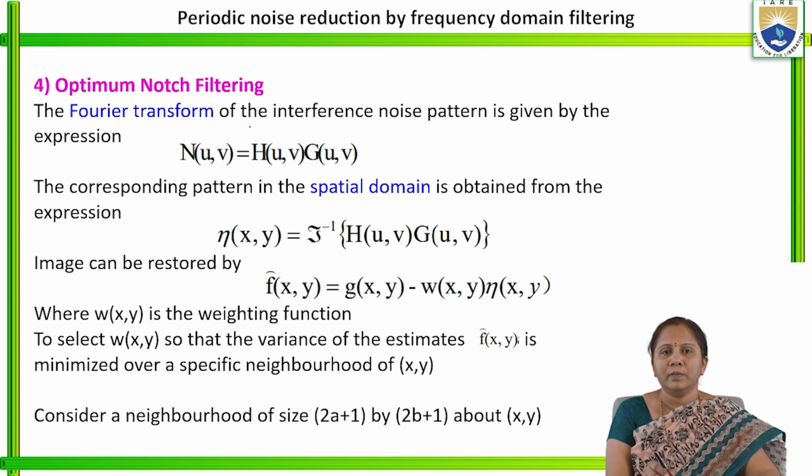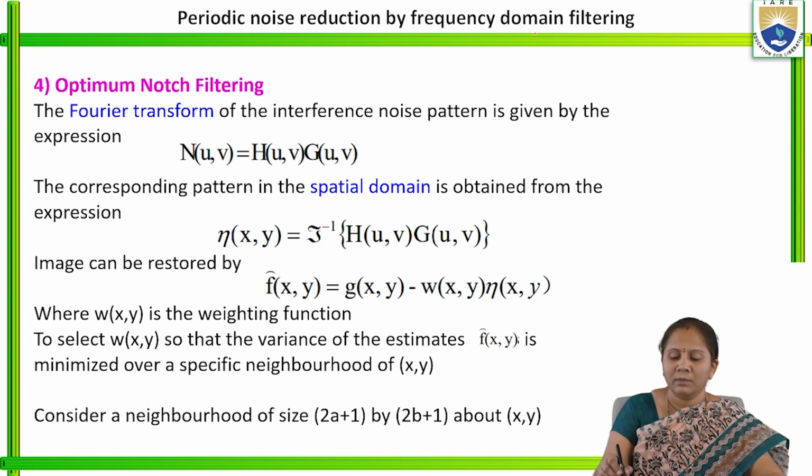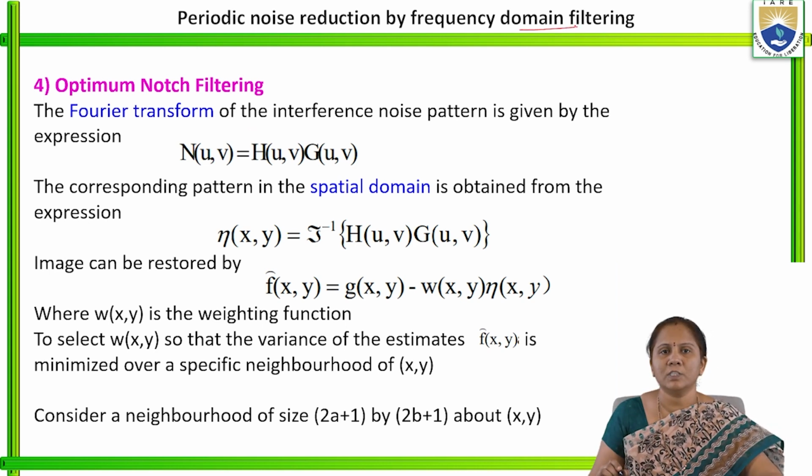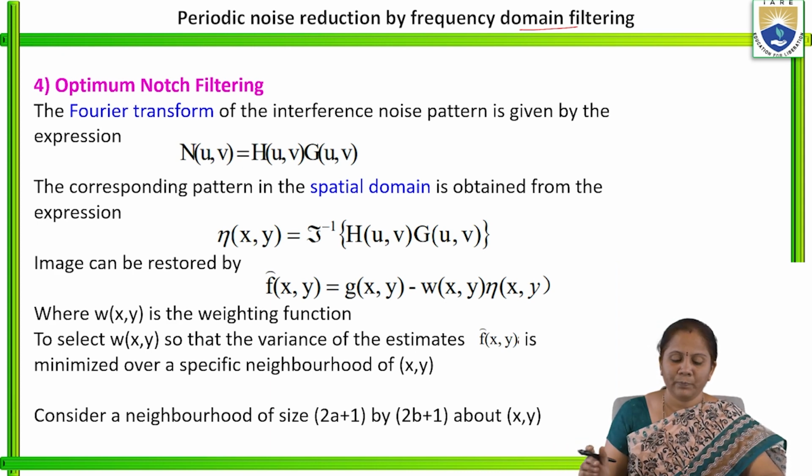So here, the first step, as we know, in the steps performed in frequency domain filtering, we have to apply the Fourier transform and also the inverse Fourier transform. Then the output image will be the enhanced image.